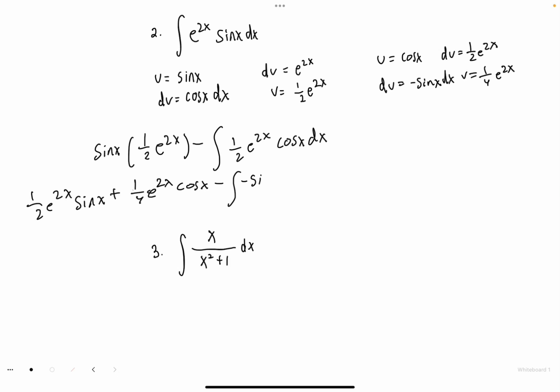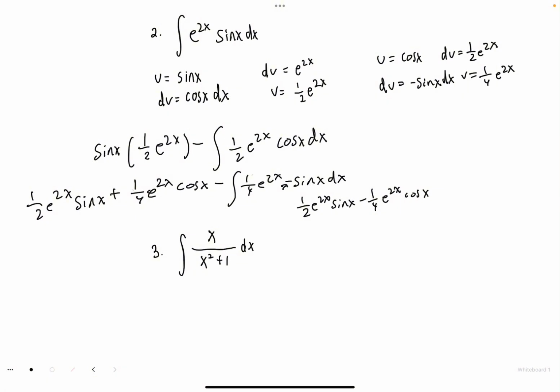Let me just do the 1/4 first, and then negative sine x dx. So the negative here is going to go out, and that's going to change the sign. So it's going to be 1/2 e to the 2x sine x minus 1/4 e to the 2x cosine x.